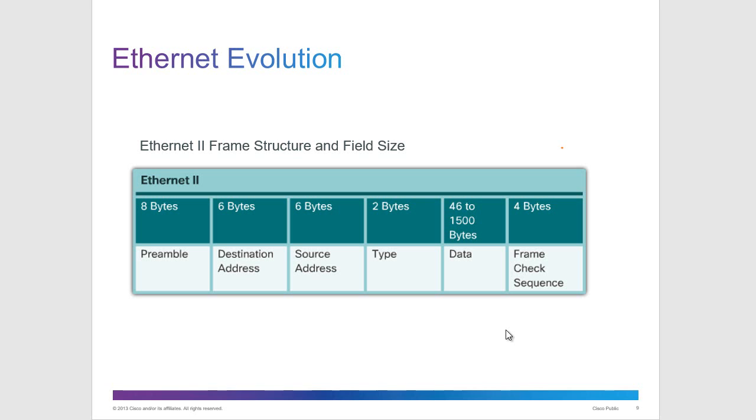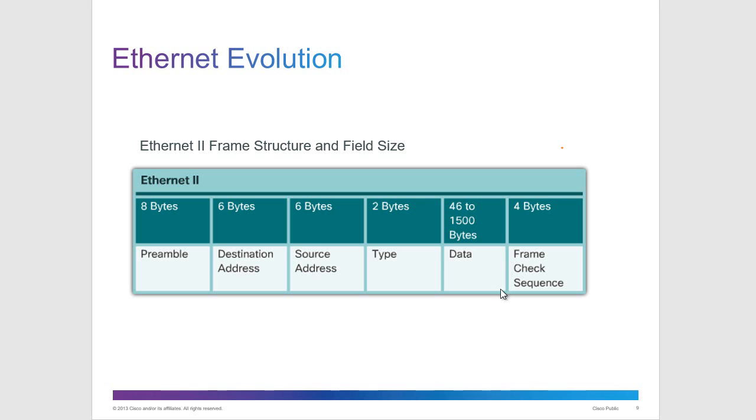You've got the type, which contains the type of upper layer protocol being used, whether it's IPv4, IPv6, or even ARP, which we'll talk about a little bit later. I don't think you need to know this, but the IPv4 code is 0x800, for IPv6 it's 0x86DD, and for ARP it's 0x806. You'll see that in your readings if you take a look at the NetAcad course.